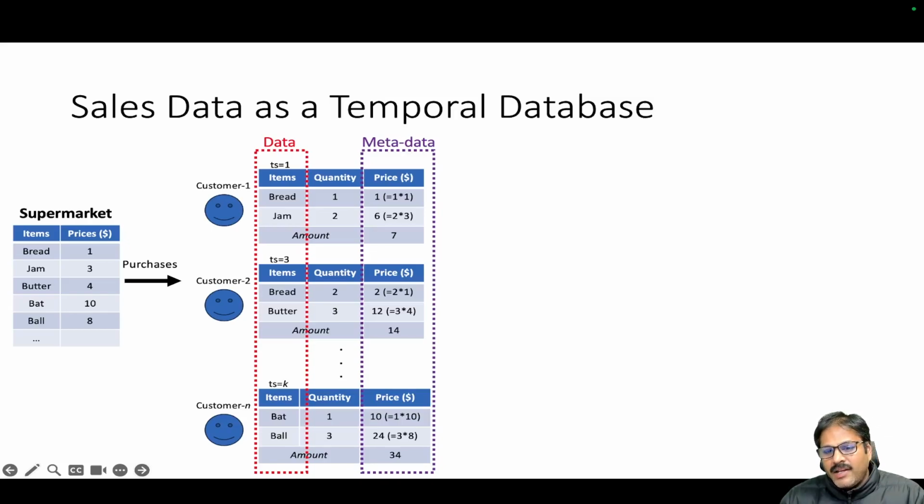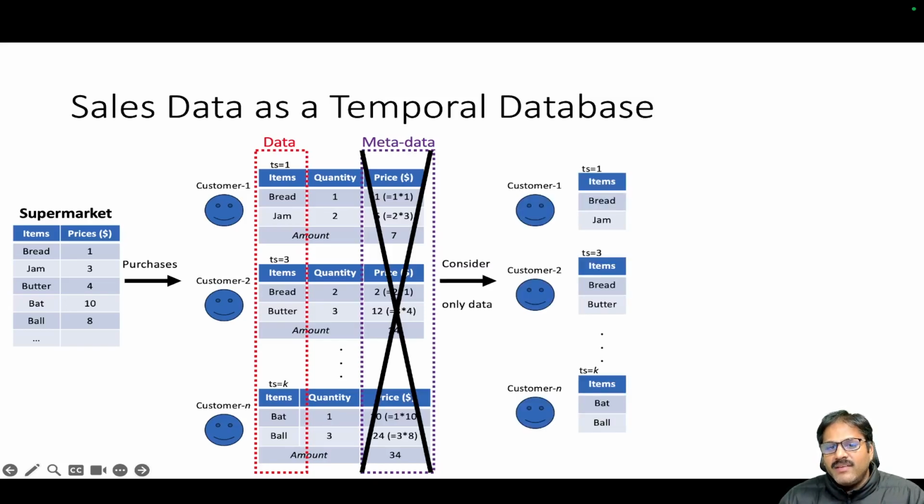In the metadata component, we see how much money the users are paying for each item and all together. Since temporal databases do not capture metadata, we first ignore the metadata and consider only the data.